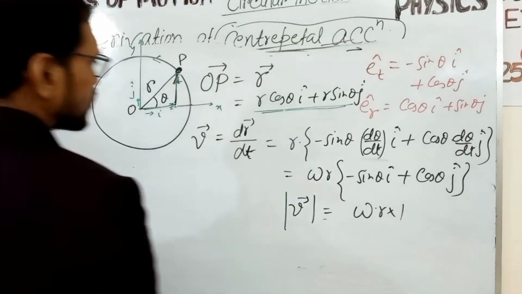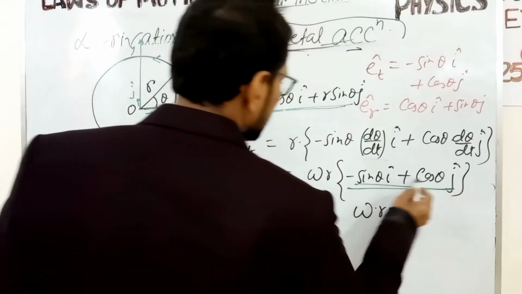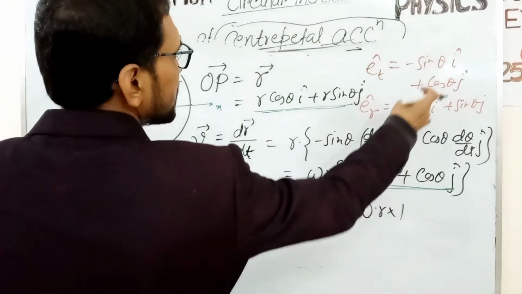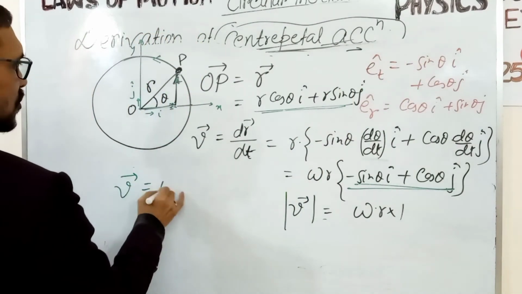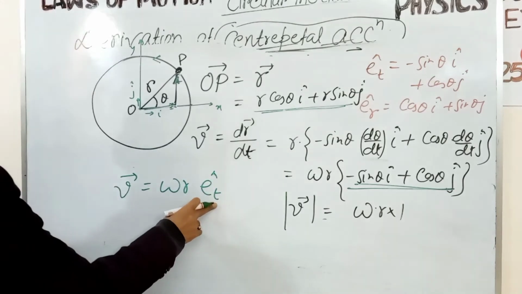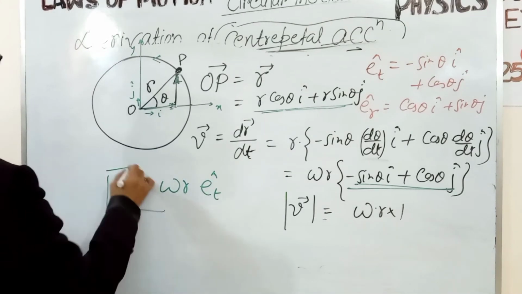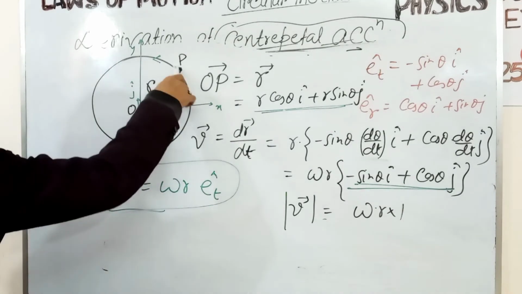Now one important thing is the direction of this: minus sin theta i plus cos theta j is et, so v equals omega r et, which is the unit vector along the tangent. So we also get the direction of the tangential velocity, which is along the tangent.